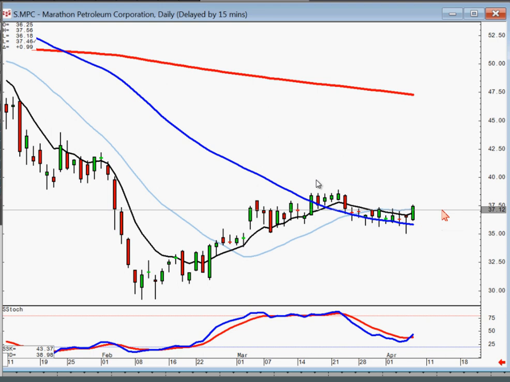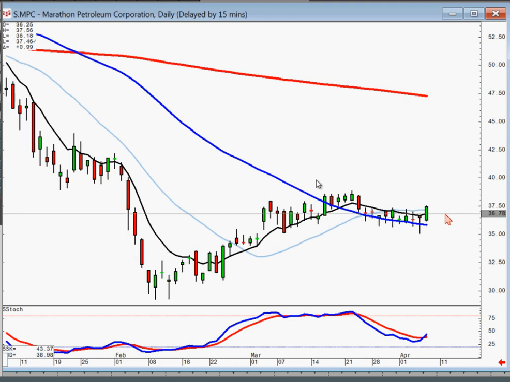Oh, that's Marathon. Yeah, that's a high probability trade. And if they come up and they support on the 50, where do you think the next likely target is? Coming up here to the 200.